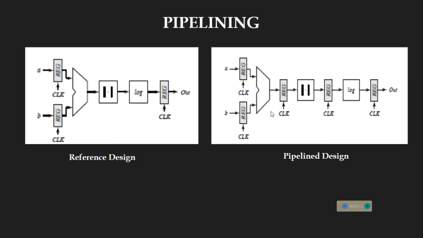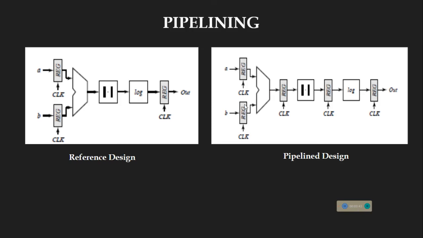Whenever I apply the first clock, the A data and B data will be fetched. That is, A0 and B0 are fetched and given to the adder at the first clock. Whenever the next clock is given, A0 and B0 move to the absolute value stage, and the next input, A1 and B1, is fetched and added in the adder circuit.